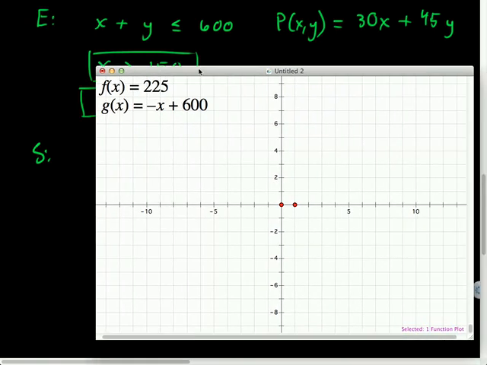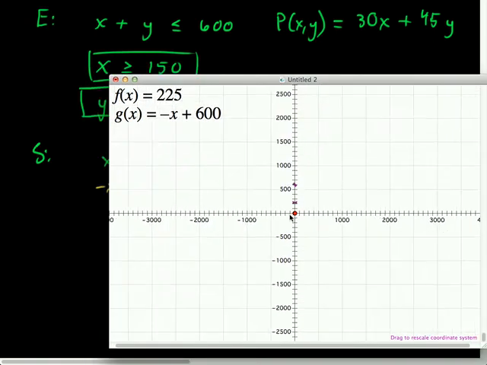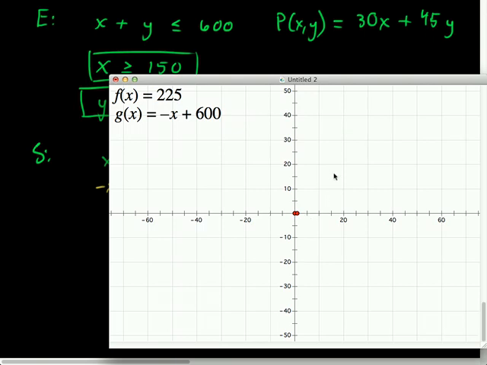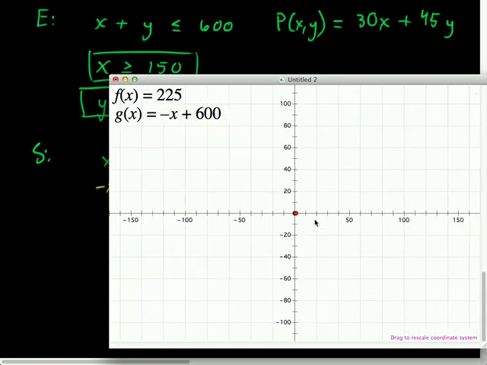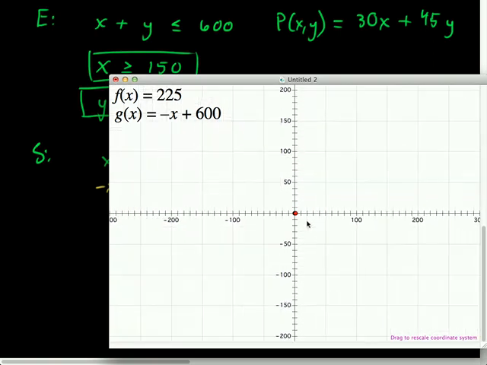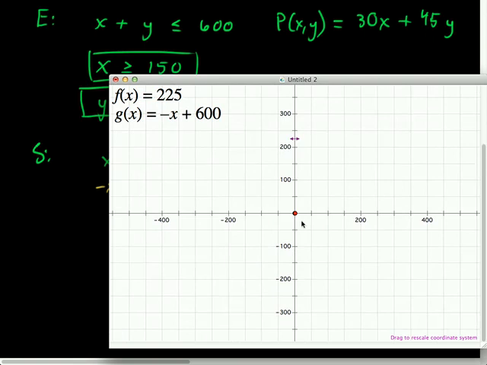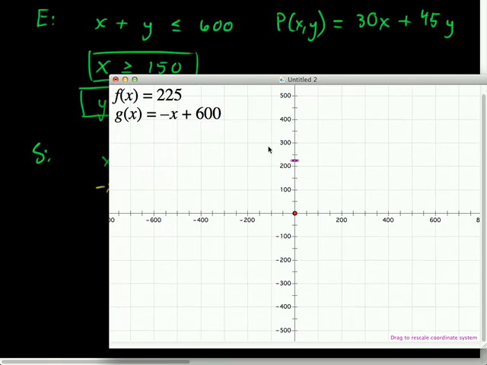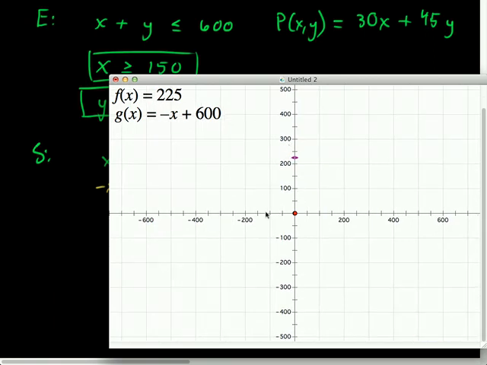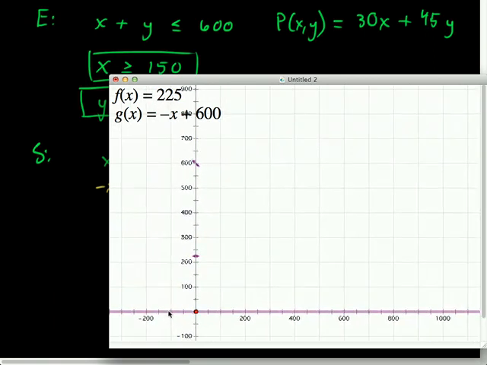And the other one, I'm going to have to actually, let's see. 100, 150. Let's see. I should be able to. There's one. It's not graphing it very well for me, is it? All right, there they are.